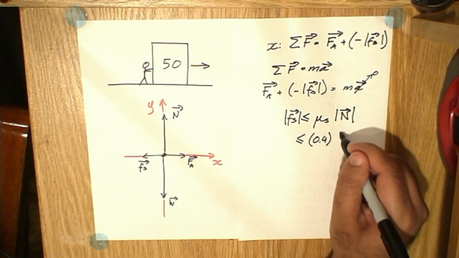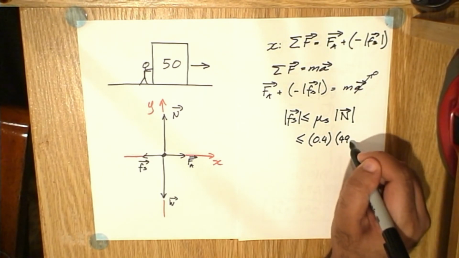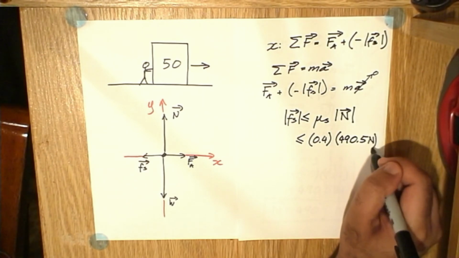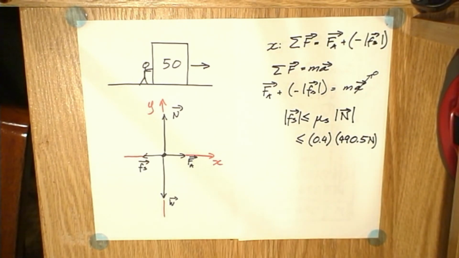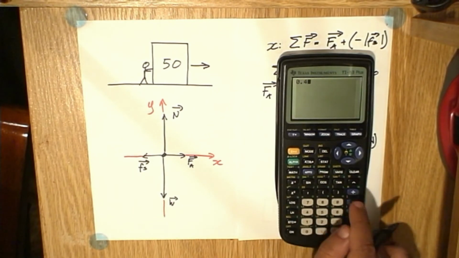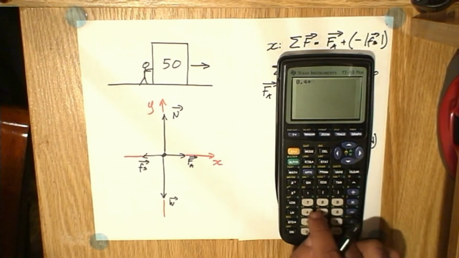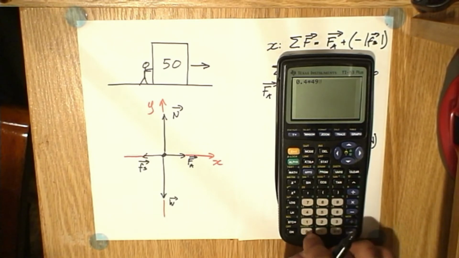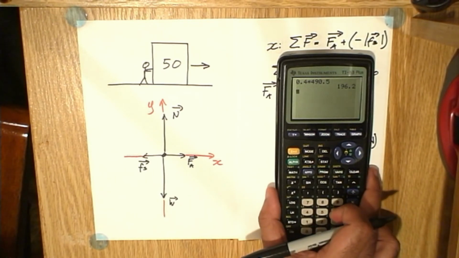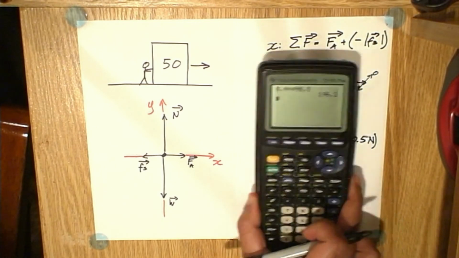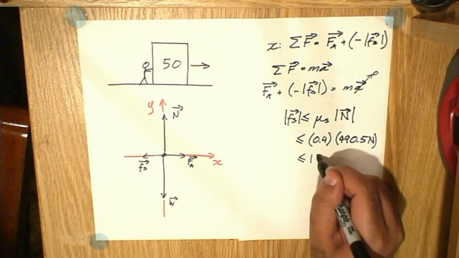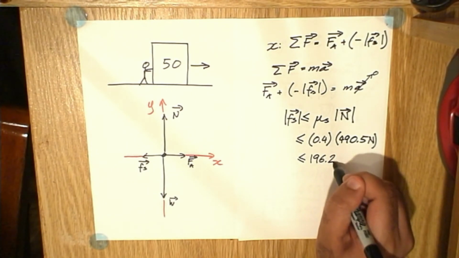The normal force is 490.5 newtons, like we saw just a moment ago. And now we just need to solve for the threshold force. 490.5 multiplied by 0.4 gives us 196.2. So that's the threshold value of the static friction. That's the maximum value it is allowed to take.